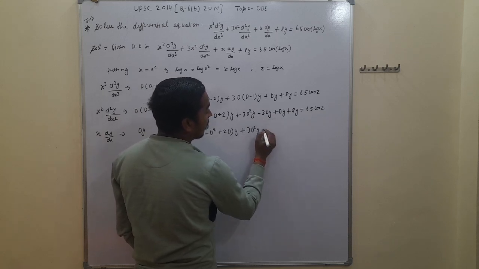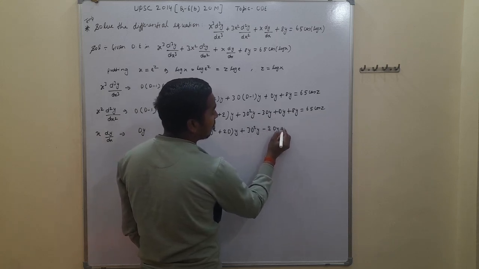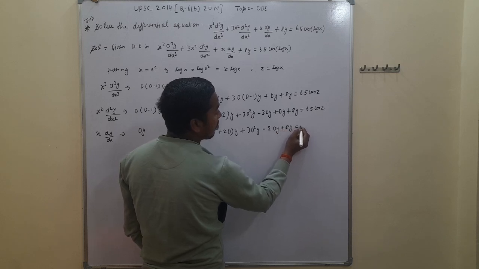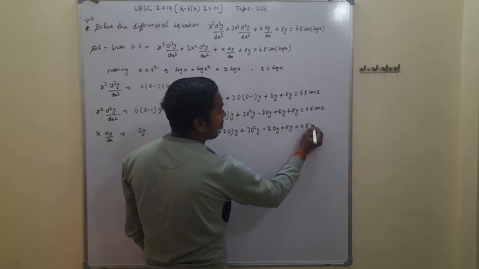This gives minus 2Dy plus 8y is equal to 65 cos z.